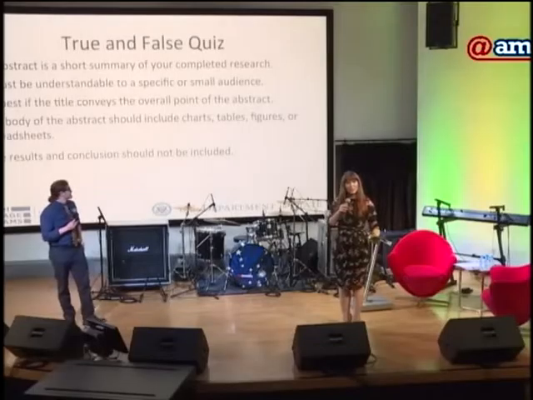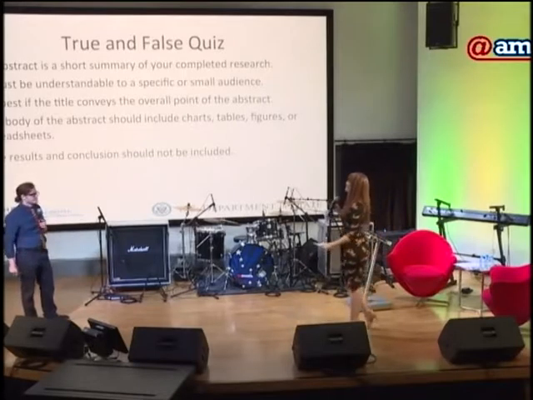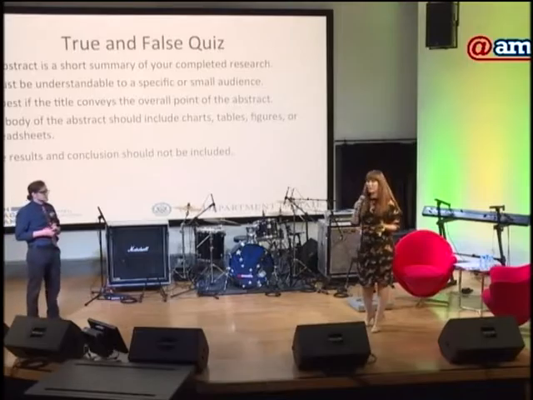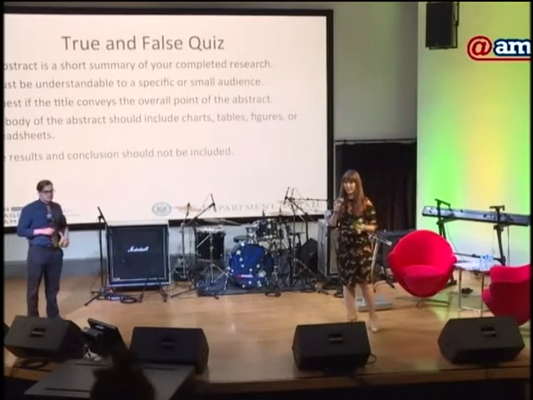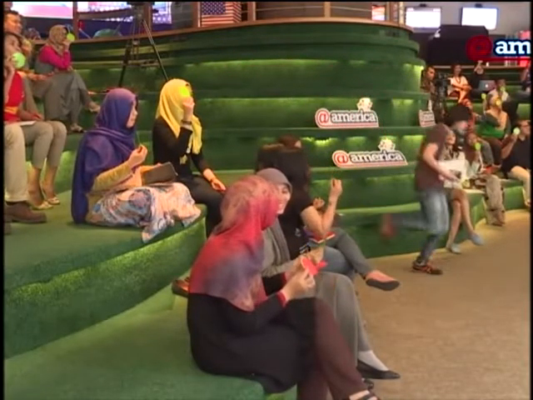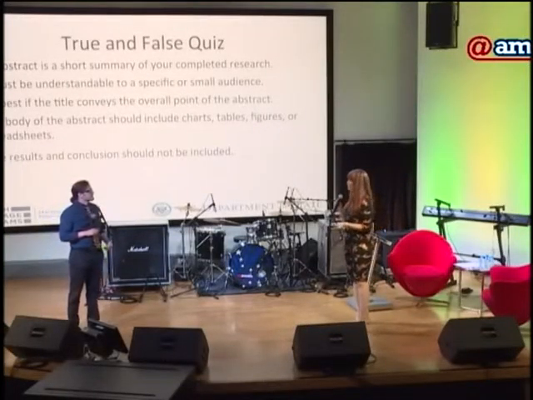Okay, so now let's try the quiz. Are you ready? Yes? Okay. So an abstract is a short summary of your completed research. Green is true, red is false. Go. Okay, very good. It should be green, true. Okay, an abstract is a short summary of our research.